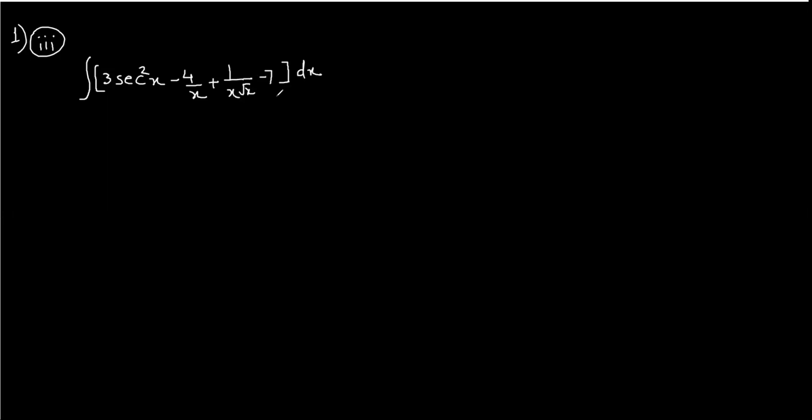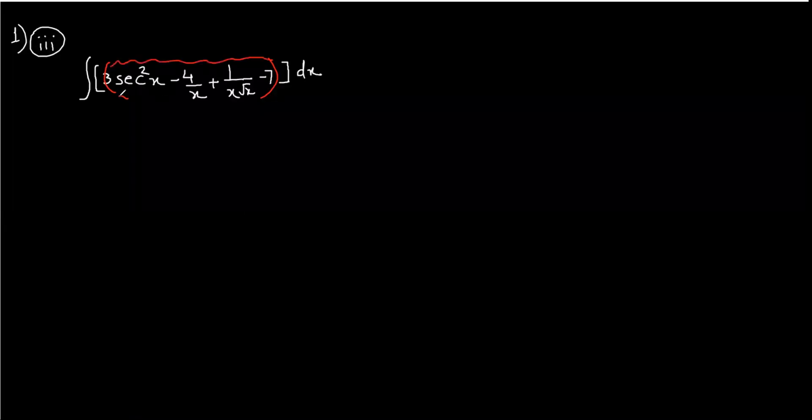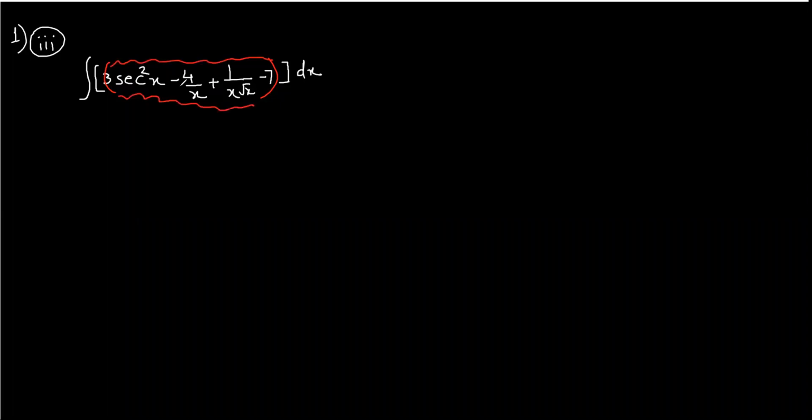Mind you, students, in the textbook exercise they have only given us the function, the part which I enclose in the red bracket, and they have asked you to integrate this with respect to x. So I put that whole thing in the bracket and write it with the integral sign and dx.